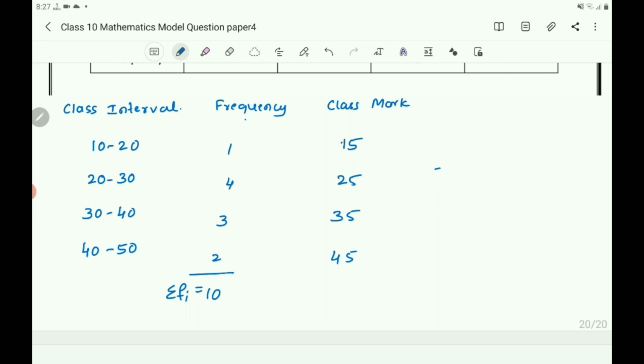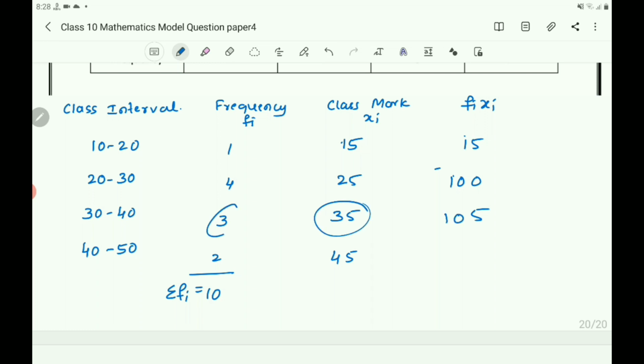Then this is Fi, this class mark is Xi. Then find the product of Fi and Xi, that is 15 into 1, which is 15, and 4 into 25, 25 fours are 100, and 35 into 3: 5 threes are 15 and 1, and 3 threes are 9 plus 1 is 10.